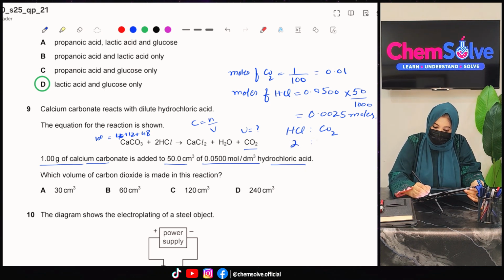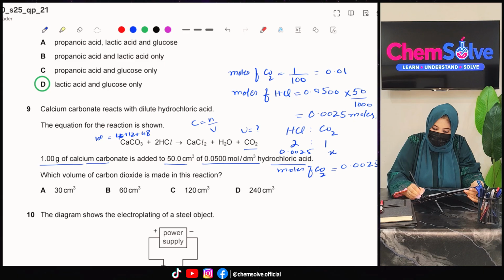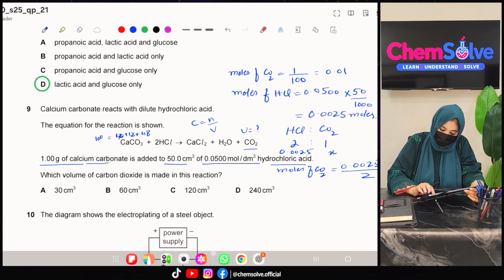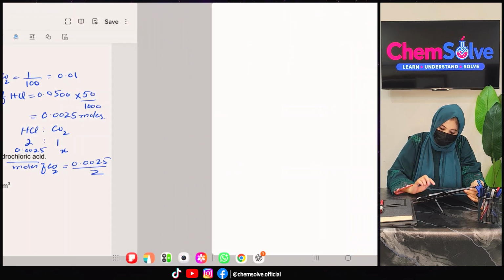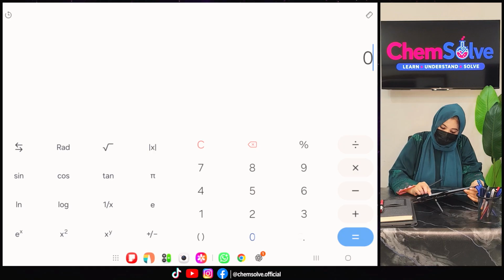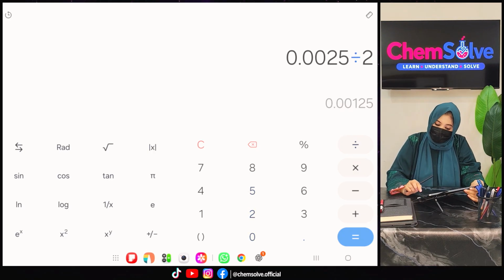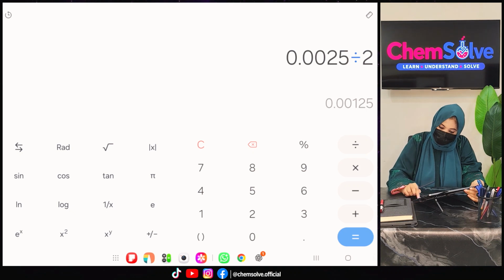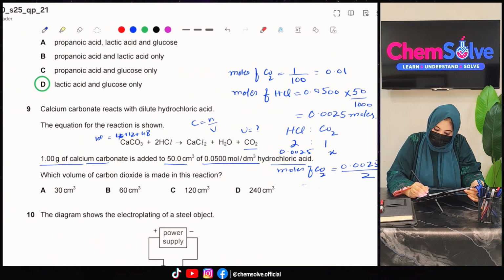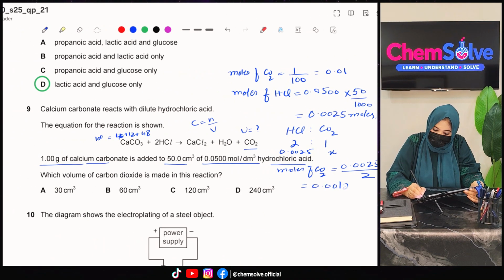This is 2, this is 1. So if this is 0.0025, this would be X. So moles of carbon dioxide would be 0.0025 divided by 2. So let's calculate it. 0.0025 divided by 2 would be 0.00125.